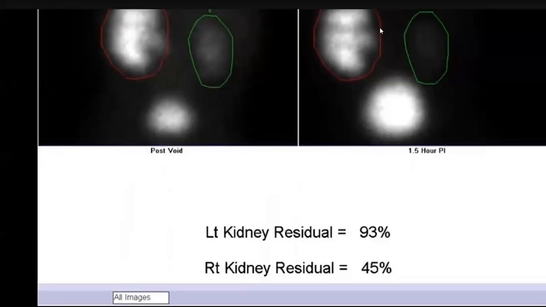And again, you find that the residual is in the left side, because we are in posterior view. So on the left side, you find it is much higher. This patient has obstruction. Usually they mention that it is PUJ obstruction, pelviureteric junction obstruction.